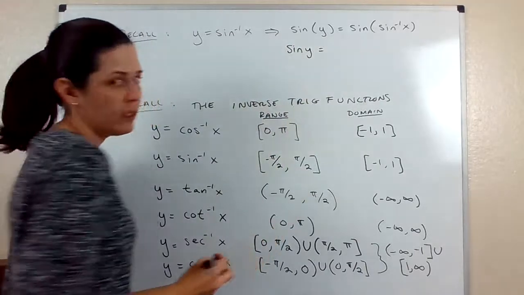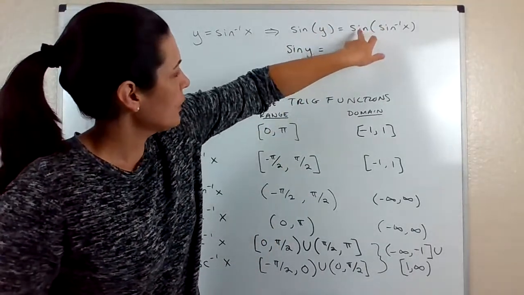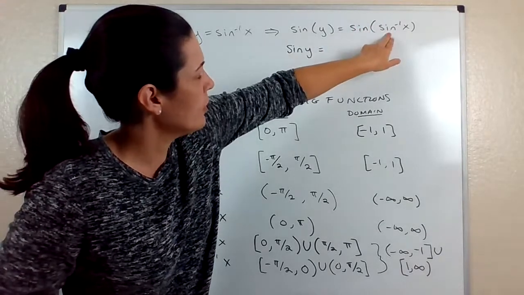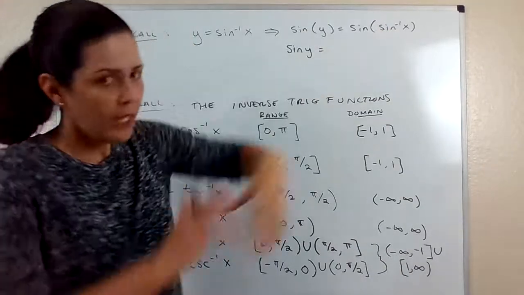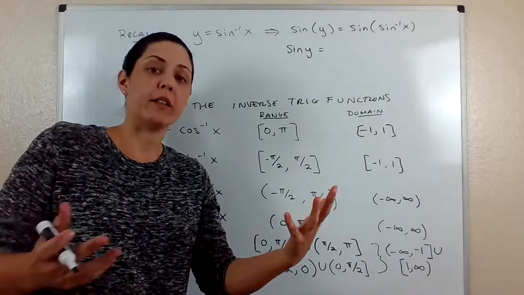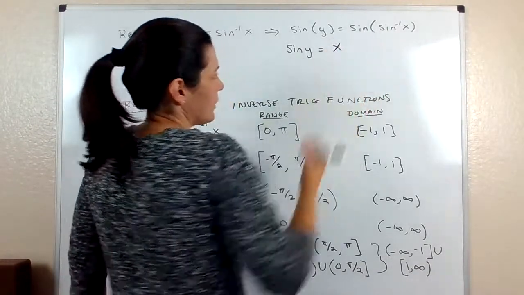And on the right, the original composed of the inverse. Whenever you take the original of the inverse, or the inverse of the original, they undo each other. They're opposites, sort of like square rooting something squared. So this undoes itself and all you're left with is x.